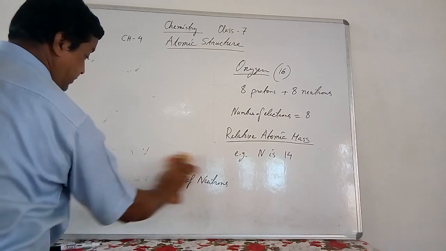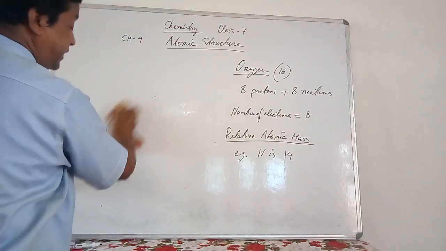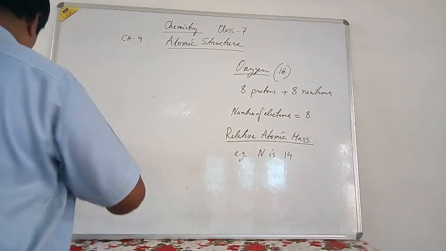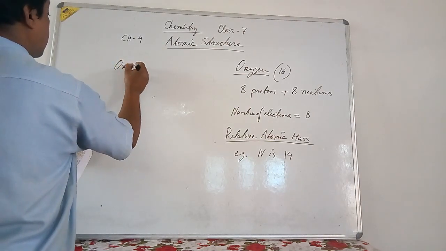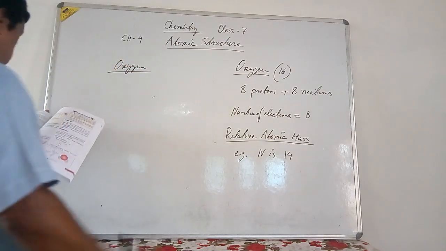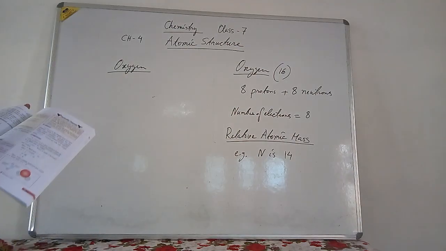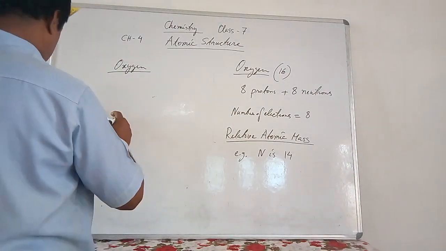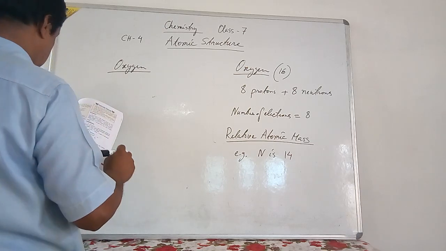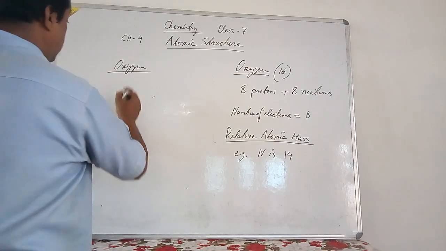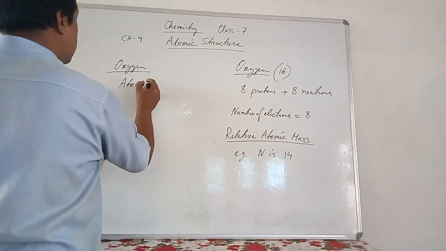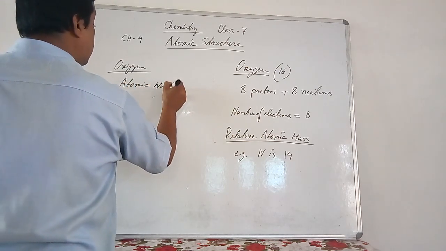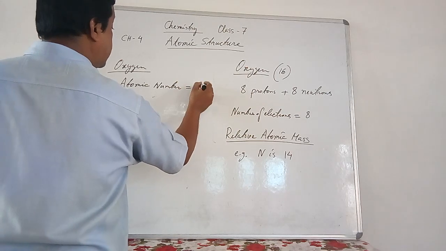Next we will see how the electrons are arranged around the nucleus in shells. For example, if you take the oxygen atom, the atomic number of oxygen is equal to 8.